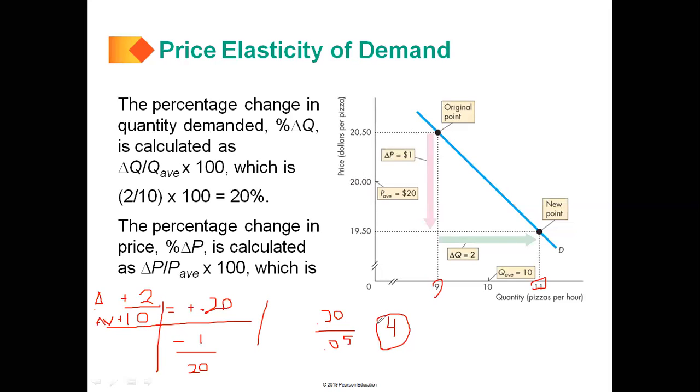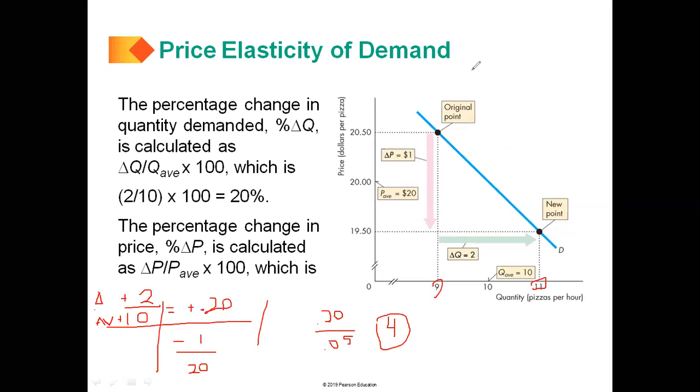So you have to create a fraction that consists of a fraction in the numerator and a fraction in the denominator. Convert those to percentages, and then that's your elasticity. Greater than 1, it's elastic. Less than 1, it's inelastic. That happens to be equal to 1, it's called unit elastic.